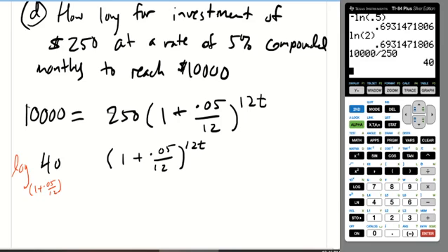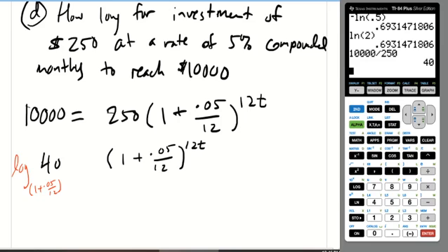And what are we left with? We're left with some number of the form log base something of 40. Remember, this is just a number. I don't know what it is, but it's a number, equals 12t. So this, whatever it is, divided by 12 is the answer.